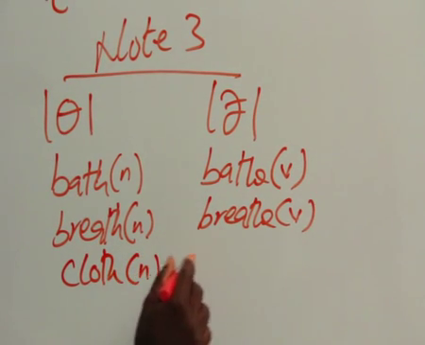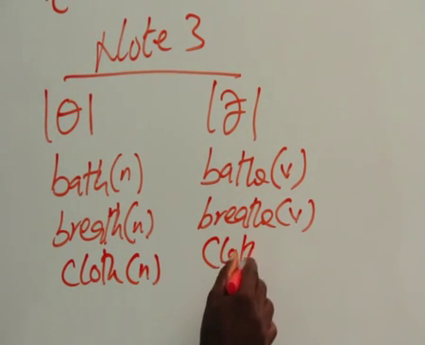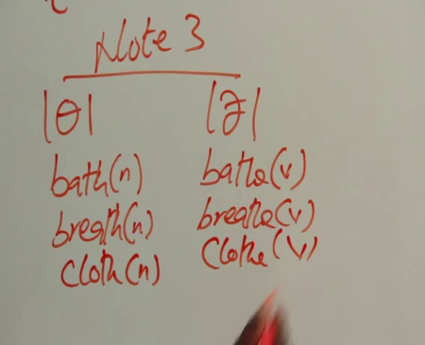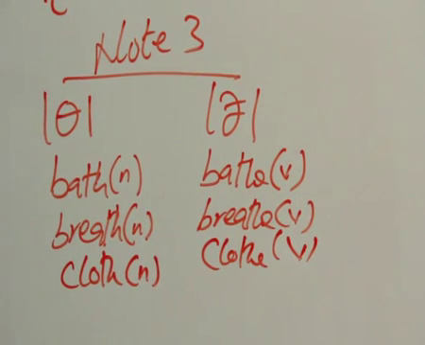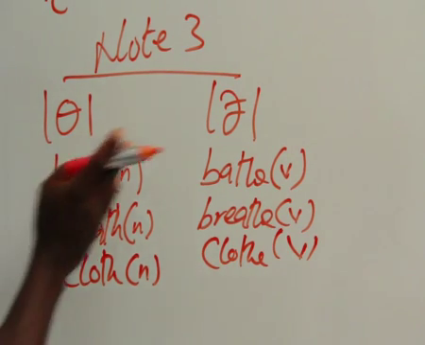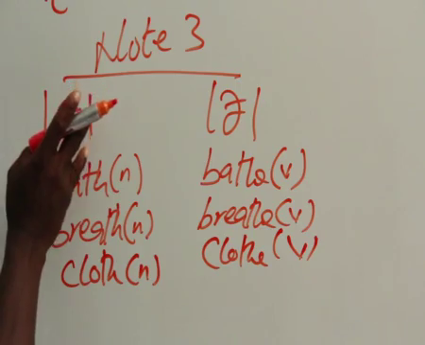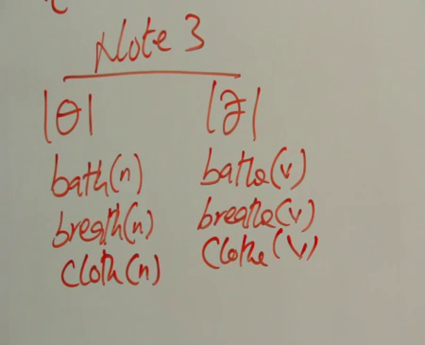That is a noun, and "clothe." That is a verb. So you can see the pattern. You want to note that when you have a noun, it's voiceless, and when it's a verb, it's voiced. So that is note 3.